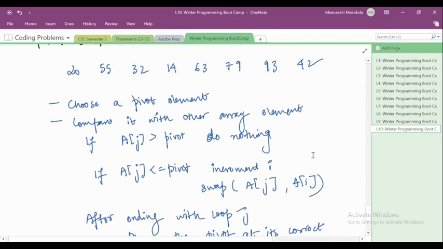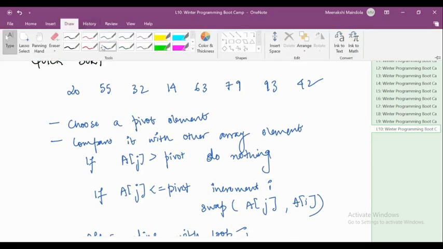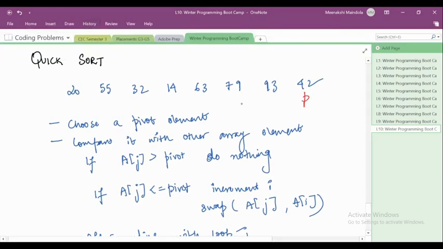We consider an element as the pivot element, as I said, and we say that I am going to compare each element of the array with the pivot element, and based on the comparison, I am going to perform certain operations. So basically, we want to find out the correct position of pivot.